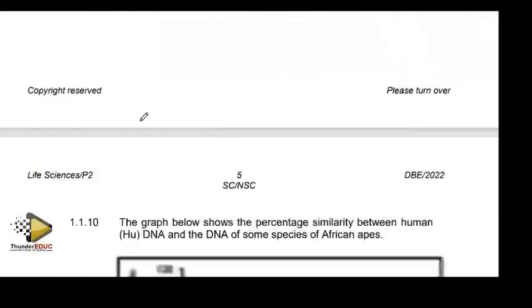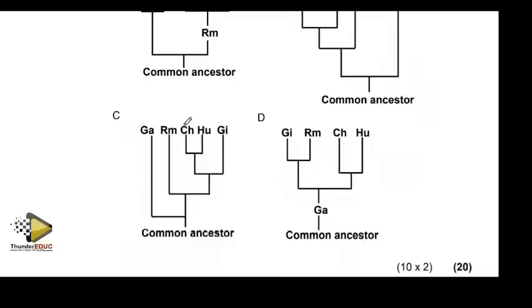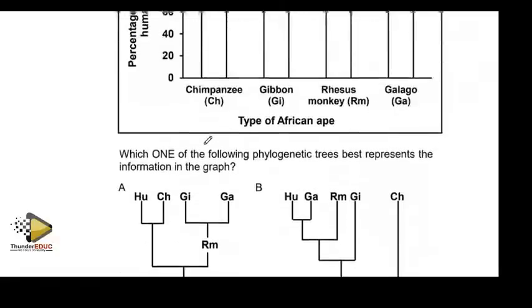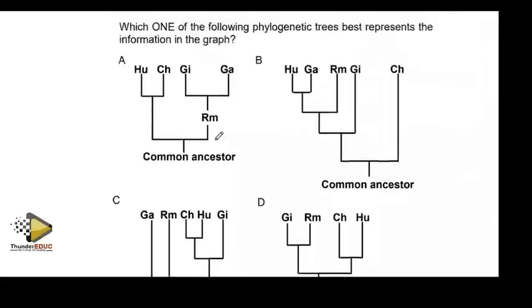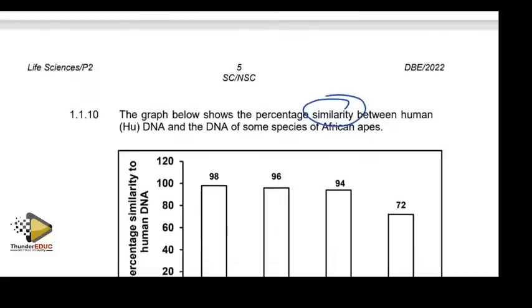And then the last objective is about the graph. It is about the phylogenetic tree. They're saying that the graph below shows the percentage similarities between humans and the DNA of some species of African apes. So we are not talking about differences. We are talking about similarities.